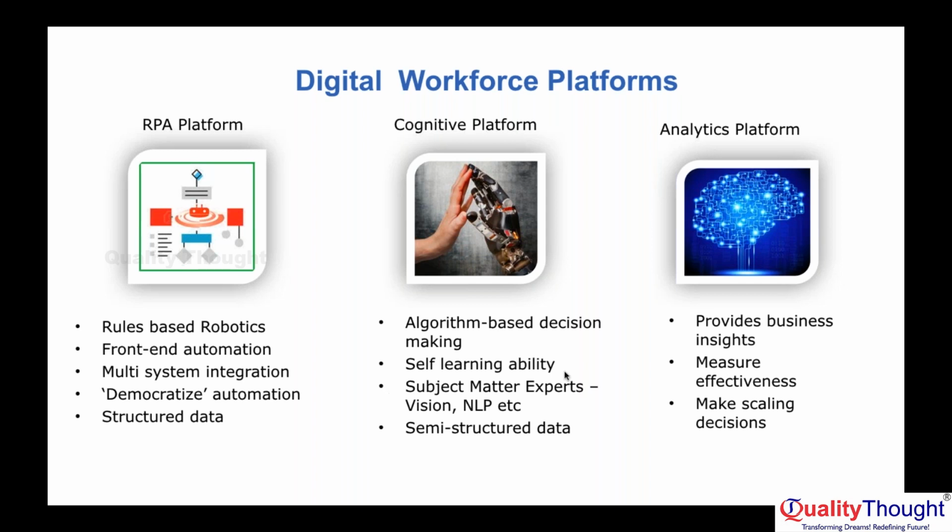They also have self-learning abilities. But to do this, we need subject matter experts, like computer vision experts or natural language processing experts, and this can accept semi-structured data. Images, for example, are semi-structured, or in fact completely non-structured, right?